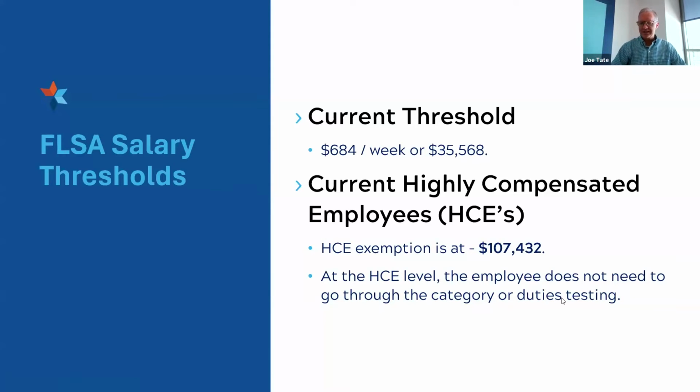What this means is that as of today, if you have an employee making over $107,432, that employee does not need to go through the duties testing. They've passed the highly compensated employee threshold, and they can be placed in a salaried position. No other questions asked.